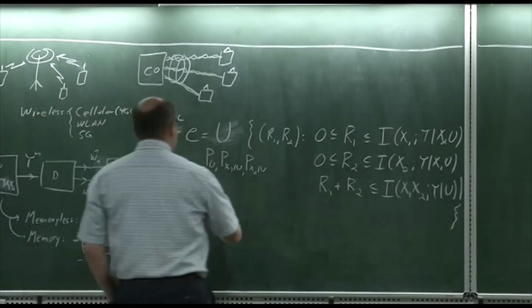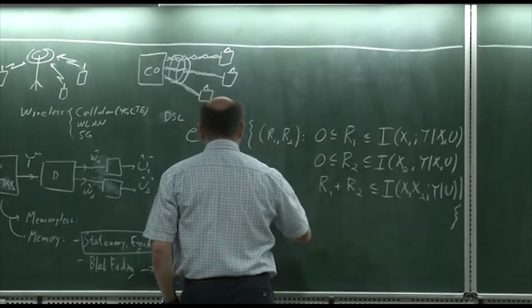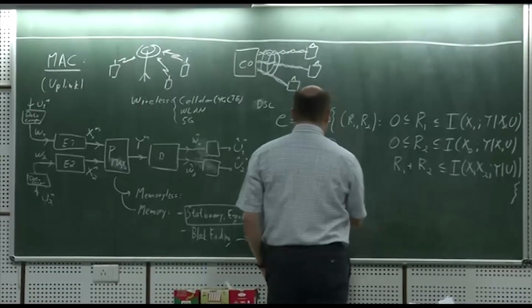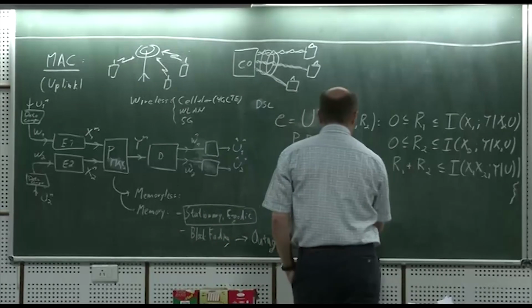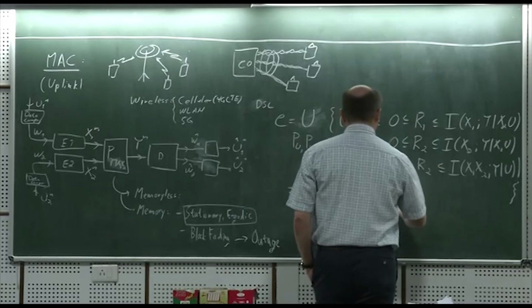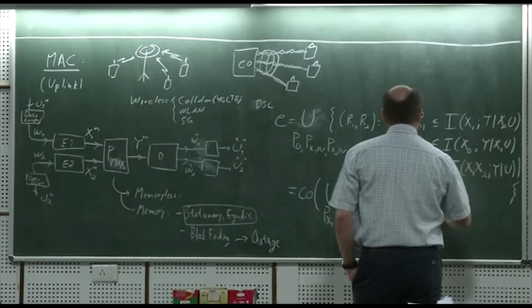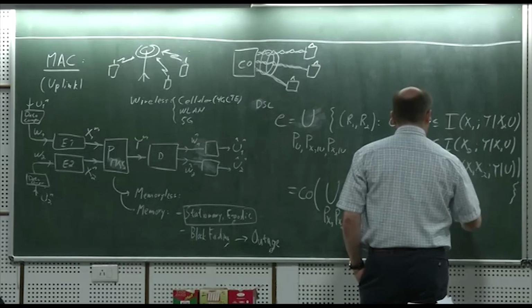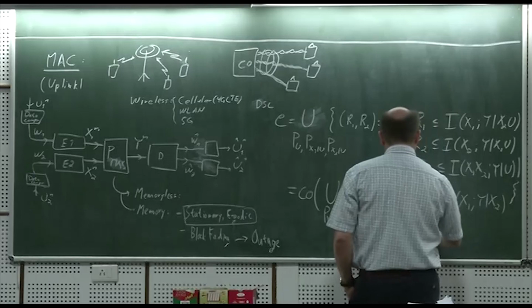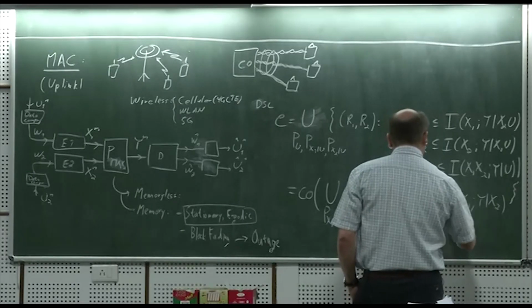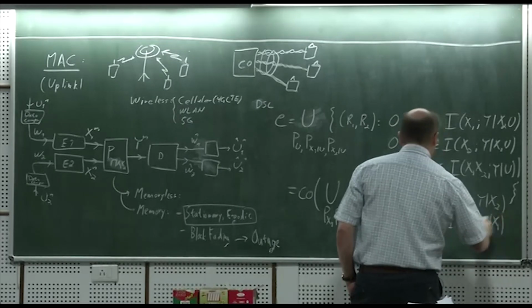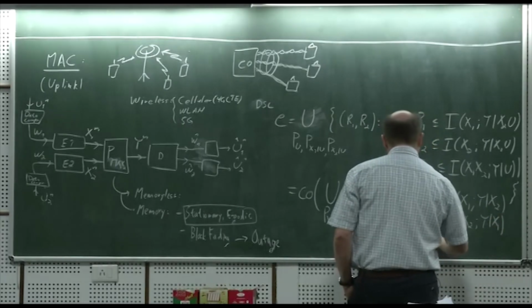Or alternatively, there's this convex hull representation which gets rid of the time sharing in a way other than only in the rate expression, where we have the set of (R1, R2) satisfying the same expressions just without that U. And usually in most textbooks you will see this expression just because most people don't bother with making the time-sharing random variable explicit, but the price you pay is of course that you have to add that convex hull operation.